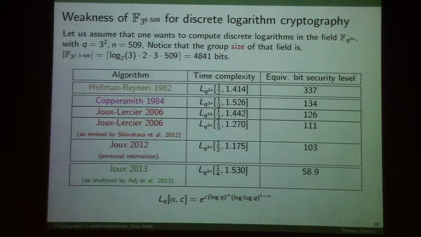But then Joux in 2013 proposed a new algorithm with alpha equals 1/4, and this was one of the major advances for solving the DLP in small characteristic fields. So we analyzed this algorithm over this field, and we found that it has just 58 bits of security, almost 50.